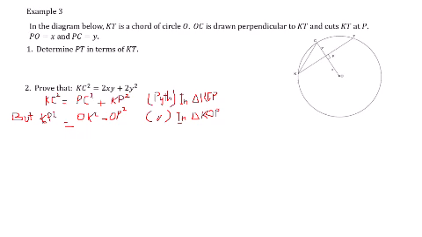If you look at the KOP triangle in the circle, we are going to get OK squared is equal to KP squared plus OP squared.